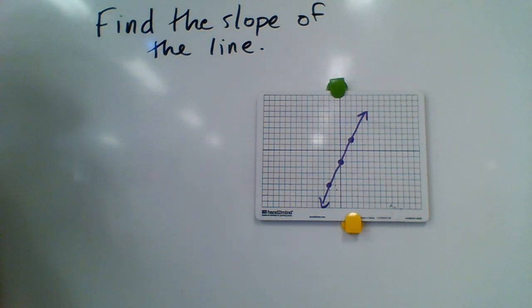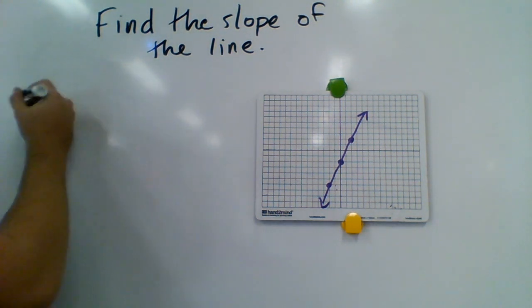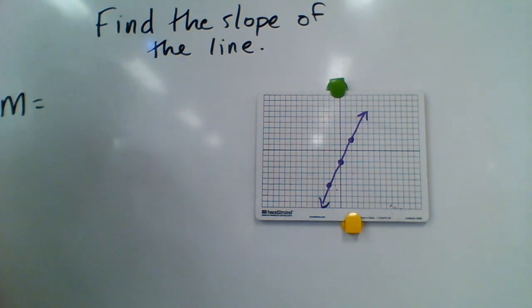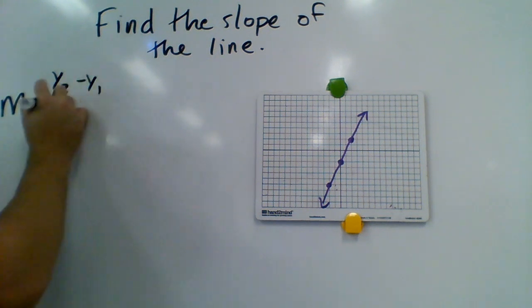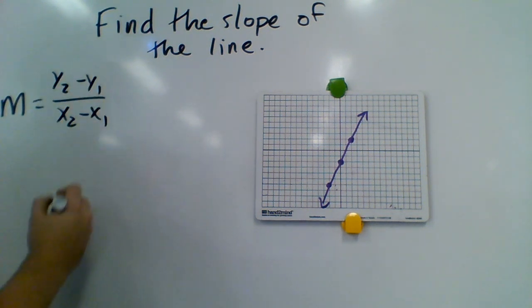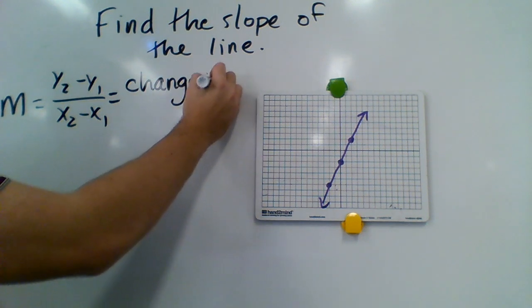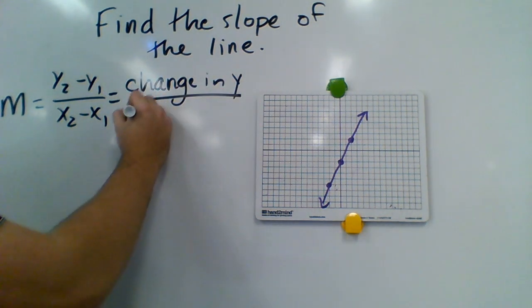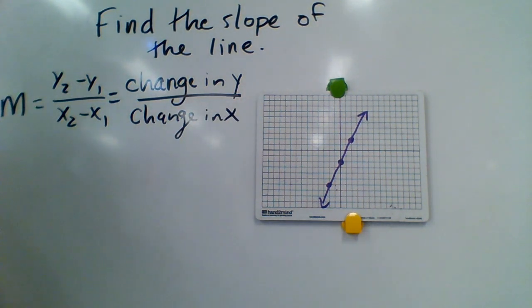A little bit easier of a way. So we've talked about slope quite a bit, and we said that slope is that y2 minus y1 over x2 minus x1, but we also talked about it as the change in y over the change in x.